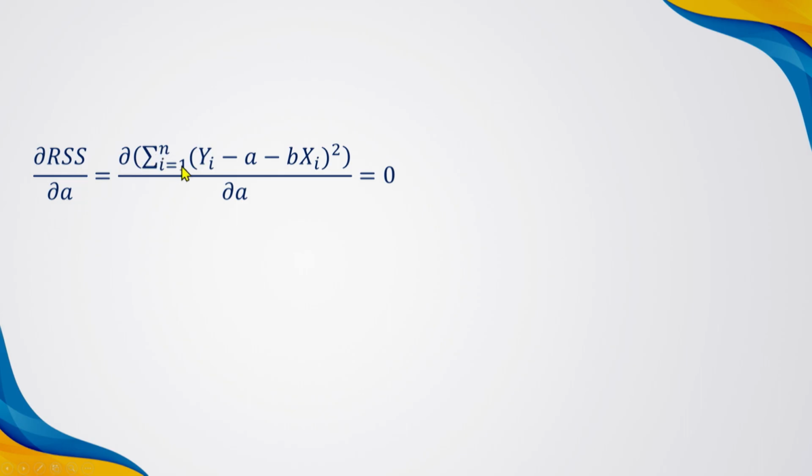So dou of summation of (yi minus a minus b xi) whole square by dou a will be equivalent to 0. By simplifying this equation, you can obtain a normal equation: summation yi minus n into a minus b into summation xi equal to 0, where n represents the number of observations.